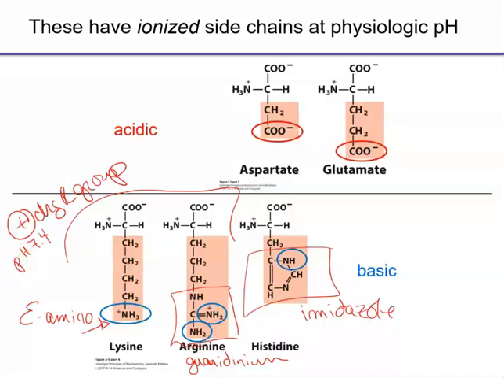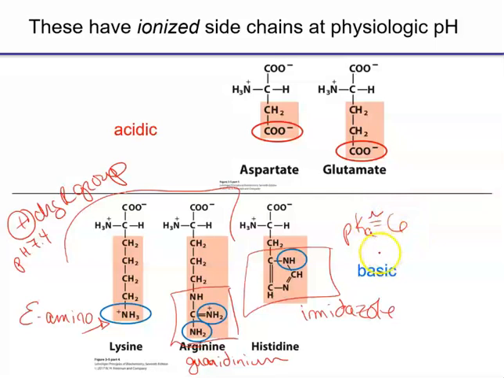And histidine is a special case, though, I should say. Histidine is a special case because the pKa for the imidazole group on histidine is about a 6. I have to look it up in the table, but it's about a 6.